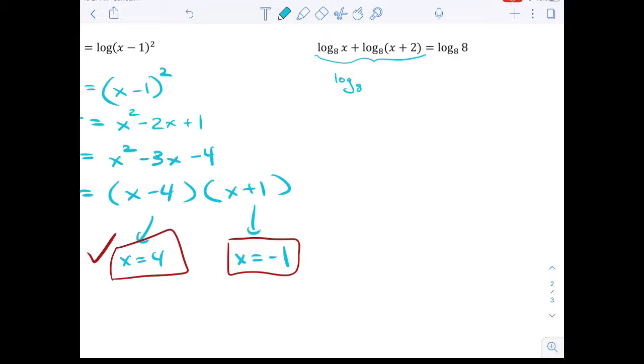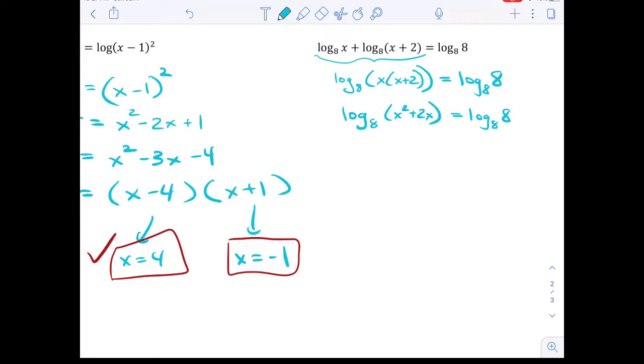So log base 8 of x times (x plus 2) is equal to log base 8 of 8. When I distribute inside that bracket, we get x squared plus 2x is equal to log base 8 of 8.